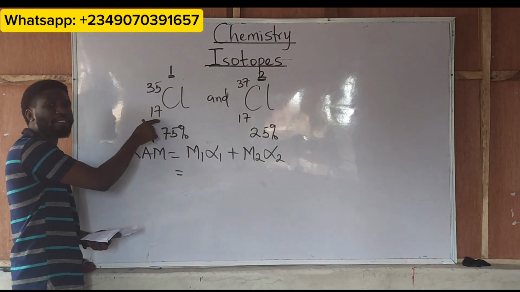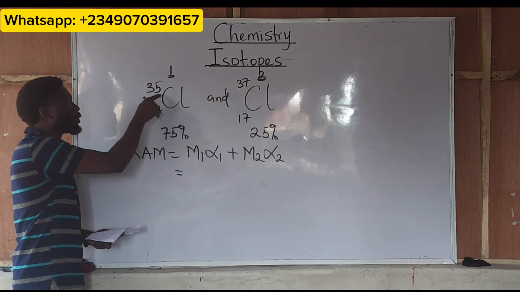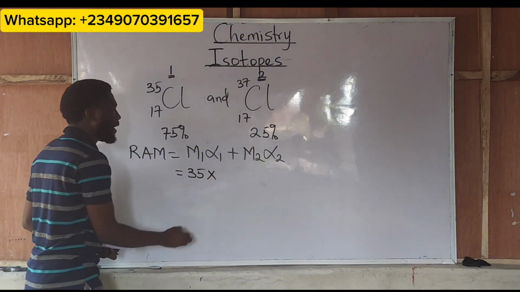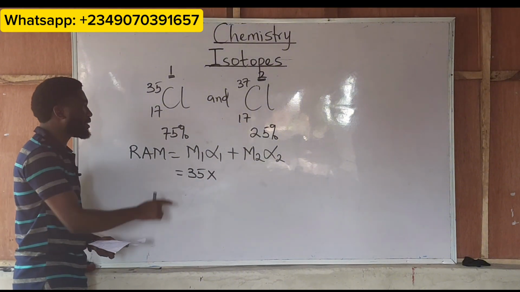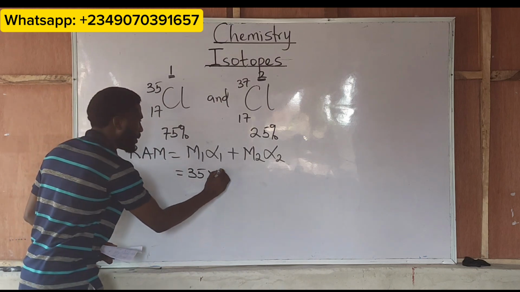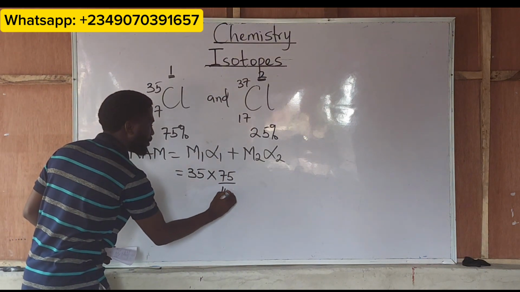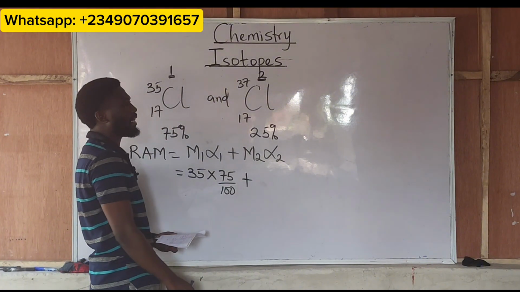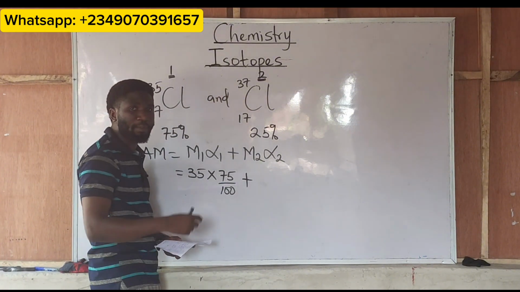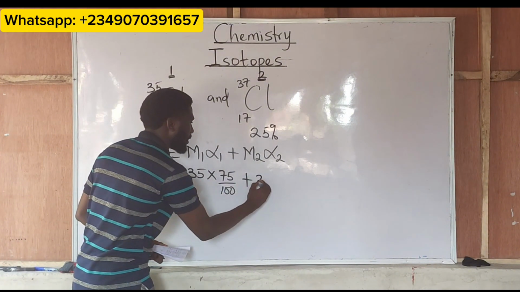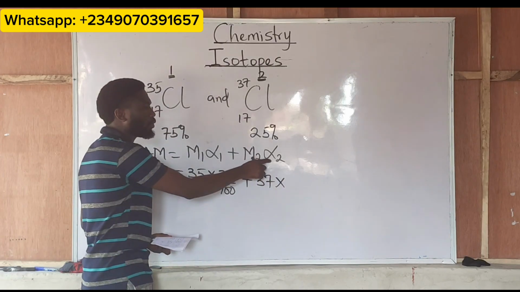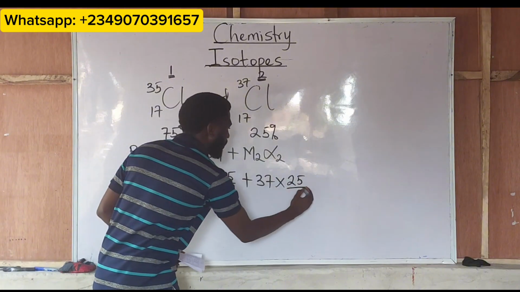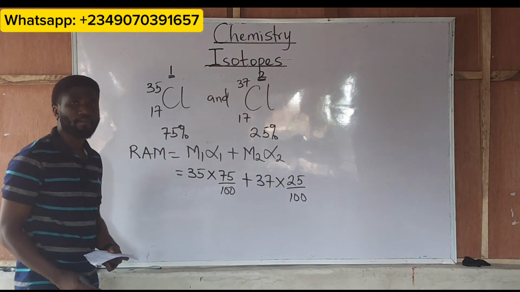This 17 here represents the atomic number, but we are using the mass number, and that is 35 multiplied by the abundance, which is 75%, that is 75 over 100, plus M2, that is 37, the mass number of isotope 2, multiplied by the abundance, which is 25%. We have 25 over 100.